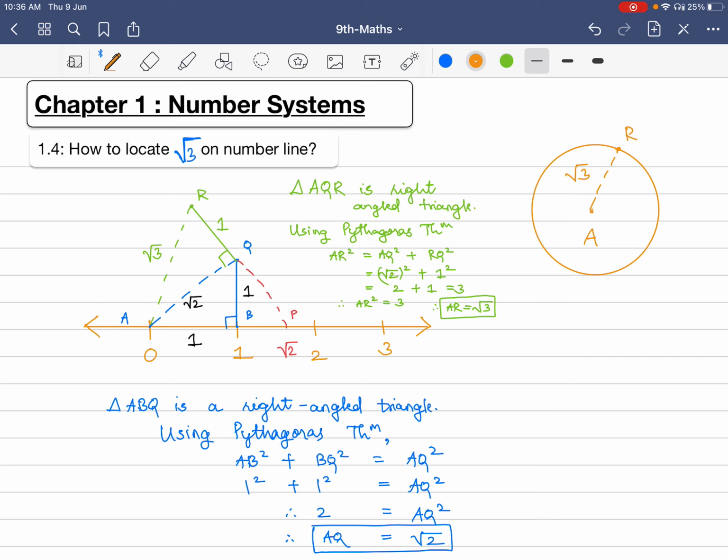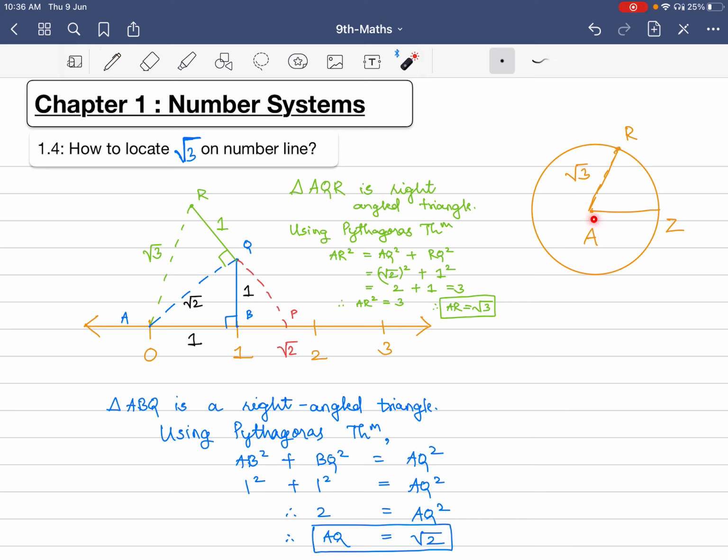And imagine another radius which is A, let's say Z. Clearly AR is equal to AZ, because that is the property of a circle, that all the radii are of equal length. Now from AR, if you draw this arc and you reach this point, then you get this point Z. Similarly I want to draw an arc, and somewhere it will meet this number line and I will get my point Z, and then AZ will be equal to AR, because that's the radius of the circle, and thus I will get AZ of length root 3.